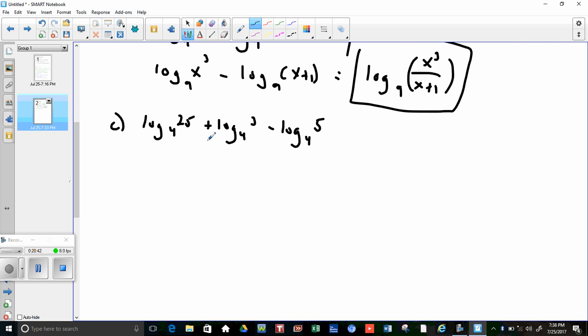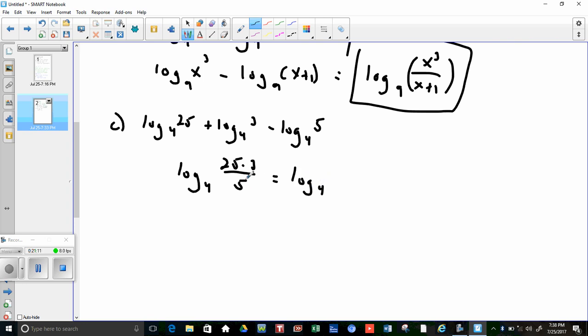The first two are being added together, so those two are going to get multiplied. This one is being subtracted. It's going to get put to the bottom. So when I condense this into one log, base 4, it should be 25 times 3 on the top and then over 5 on the bottom. And this is going to simplify. Two different ways you can do it.